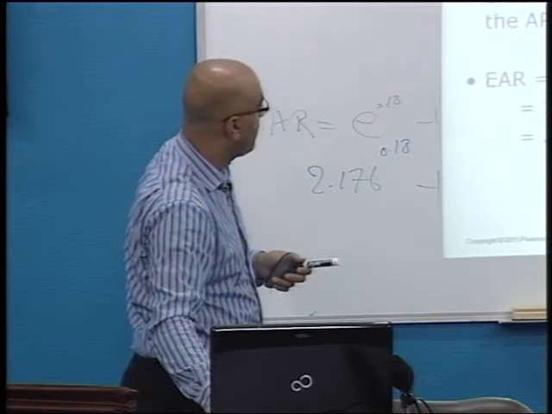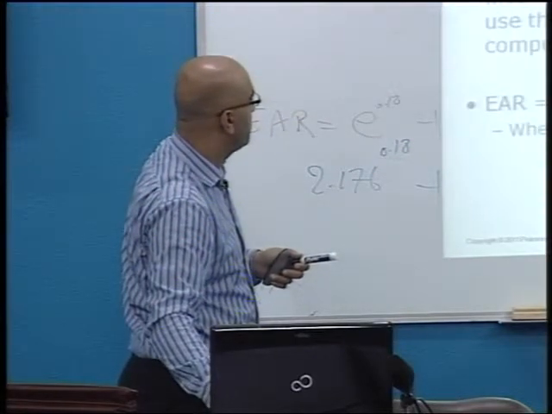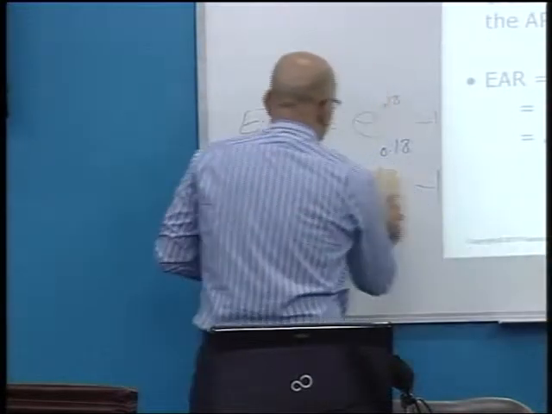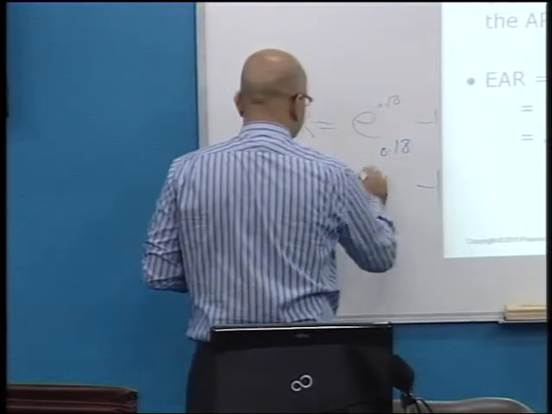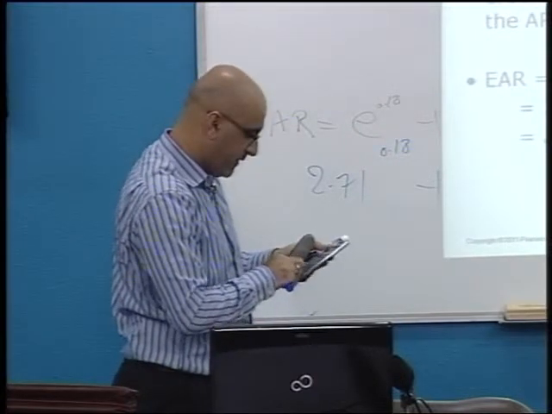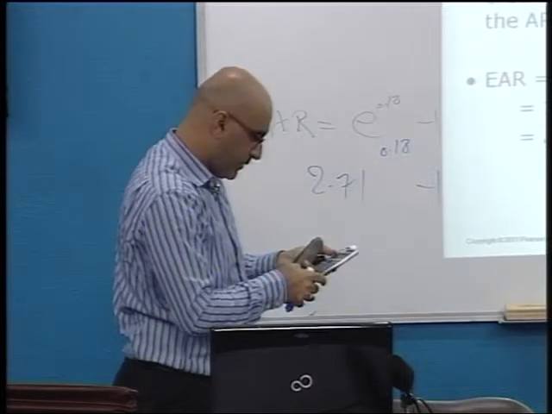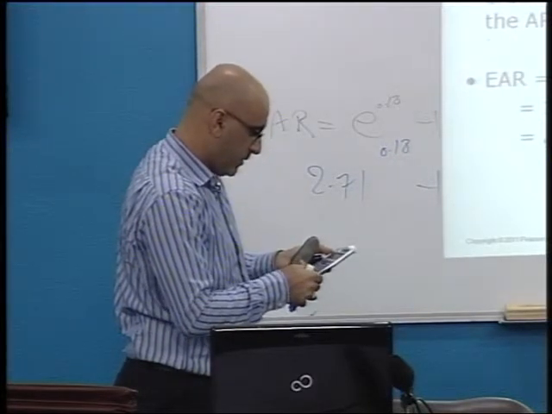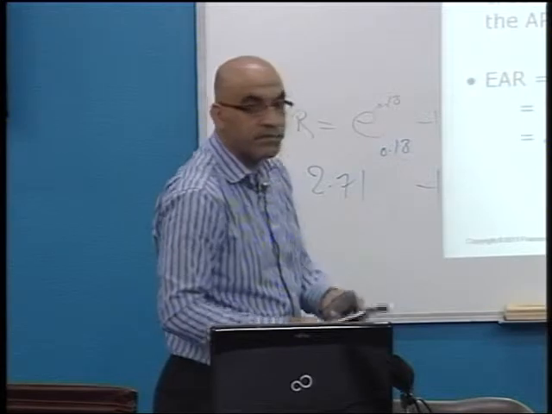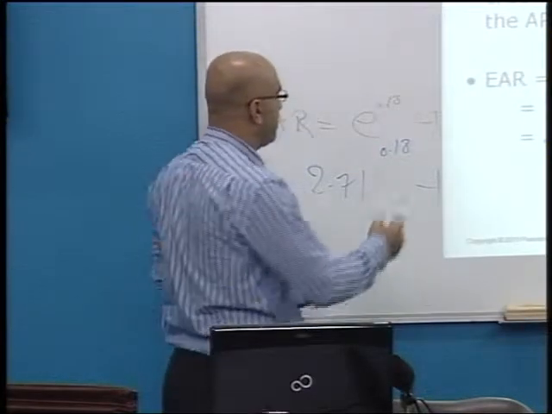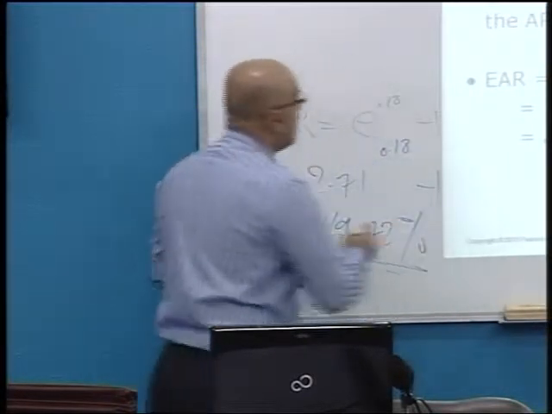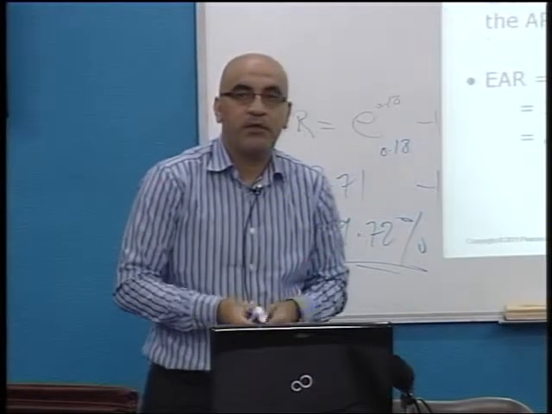Sorry, e is 2.71. So 2.71 to the power 0.18 minus 1 is 19.65%, around 19%. So this is if it is continuously compounded.